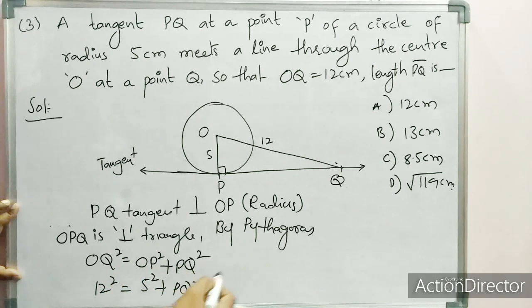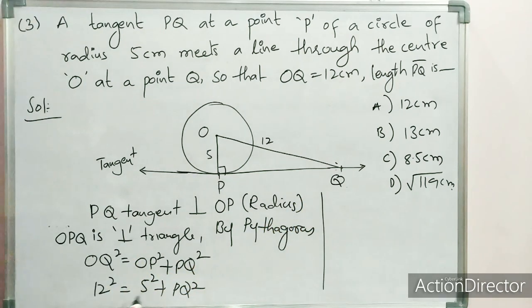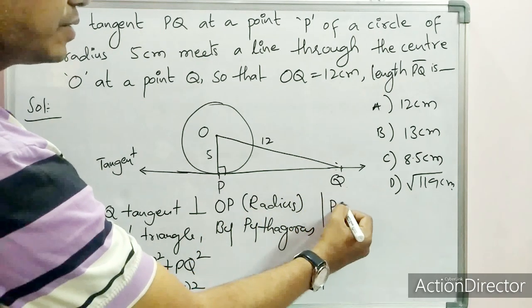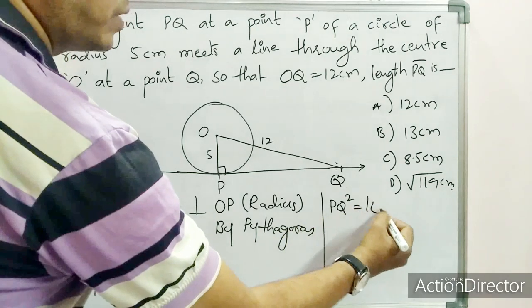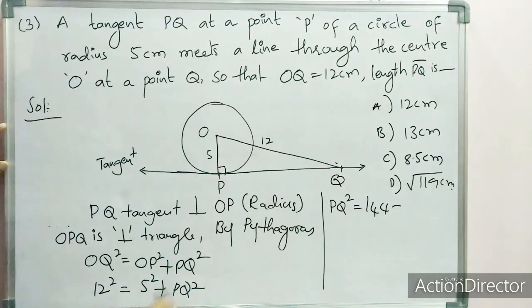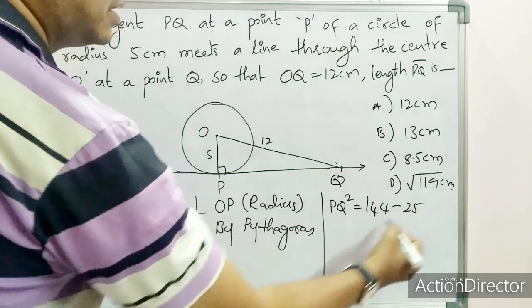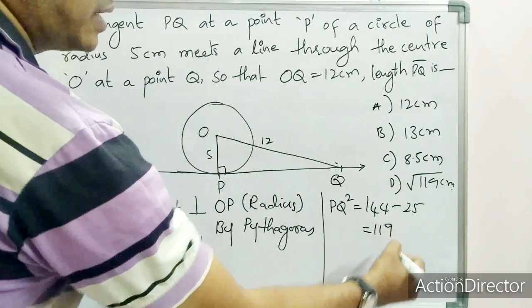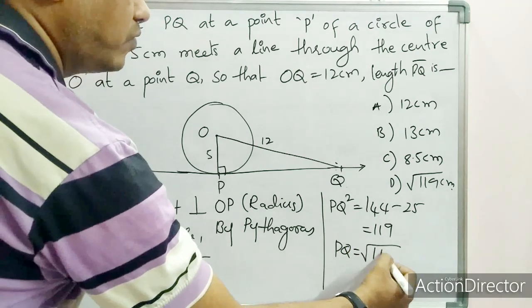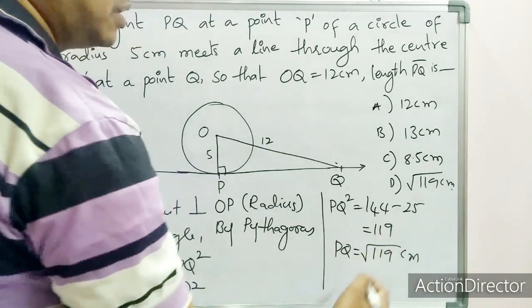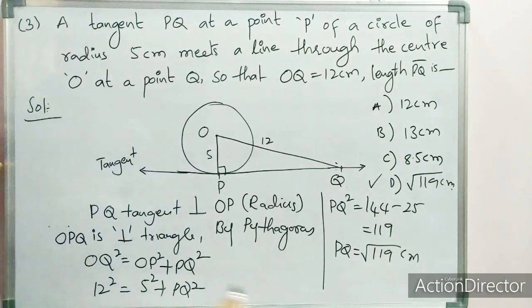Now PQ square is equal to 12 square, that is 144, minus 5 square, that is 25. This is 119. Now PQ will become root of 119 centimeters. Now the option is D.